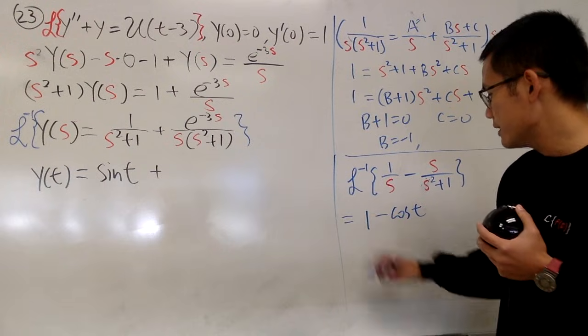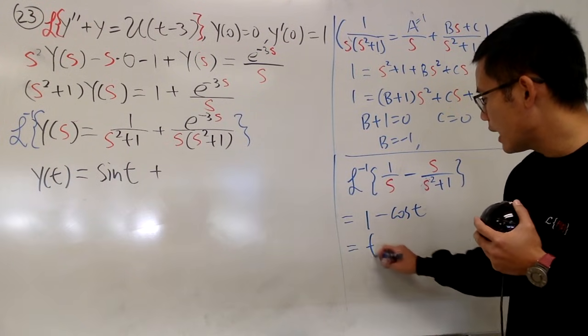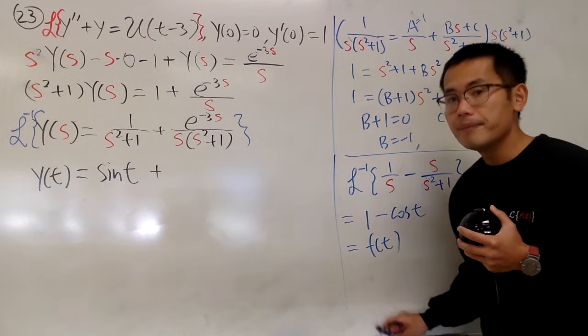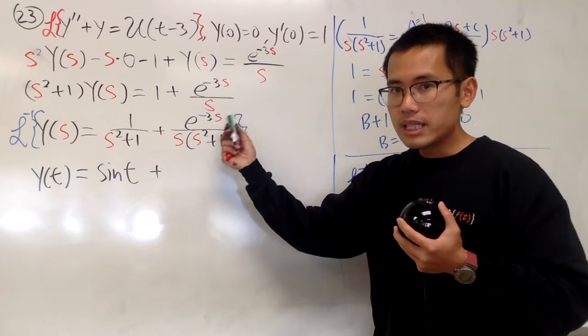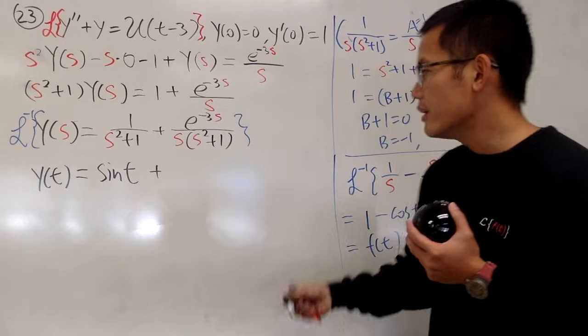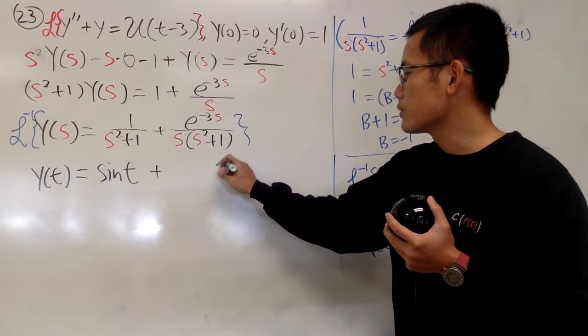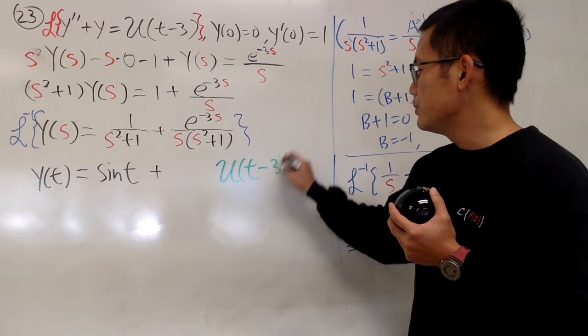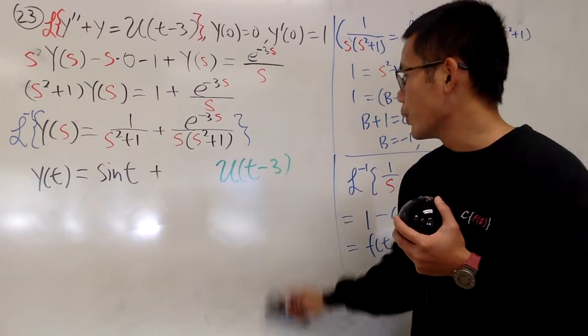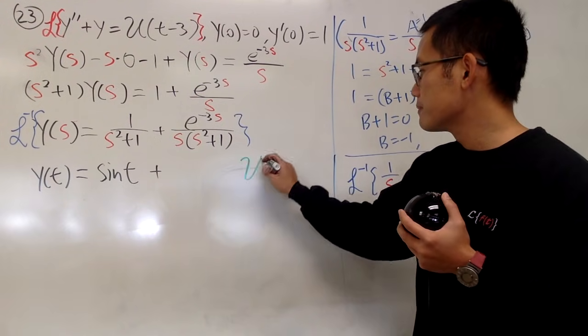I will call this our f of little t. Whenever you have e to the negative 3s, you will get the unit step function of t minus 3 as a factor.